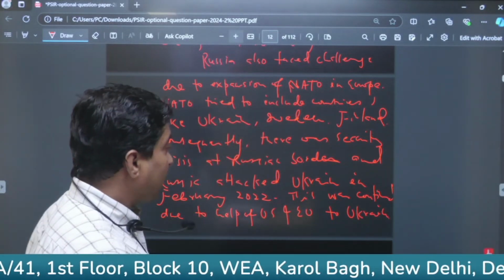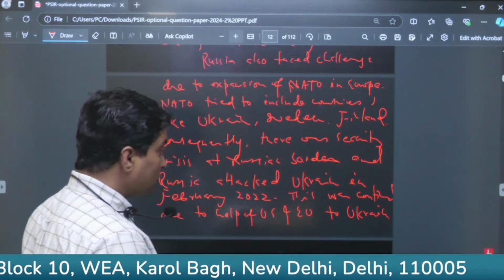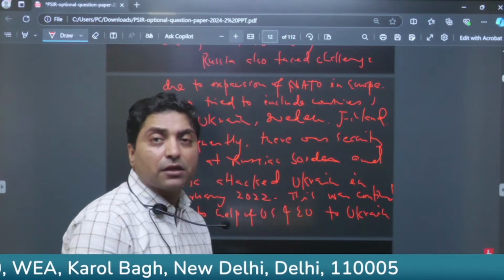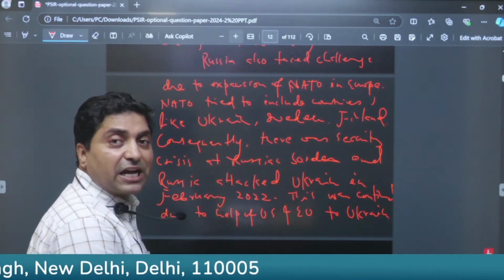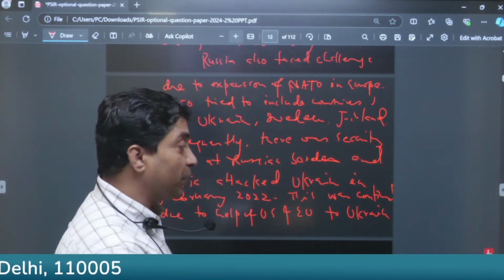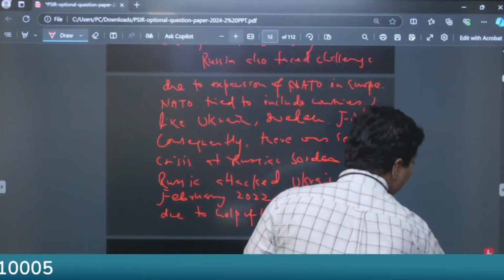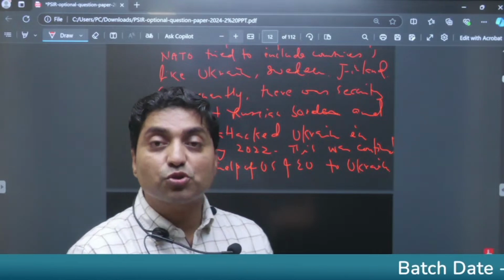Now the US and EU want this war to continue because it will benefit the EU and US, and at the same time it will harm Russia. But the war is not going to end. However, world leaders are trying to stop this war as soon as possible.